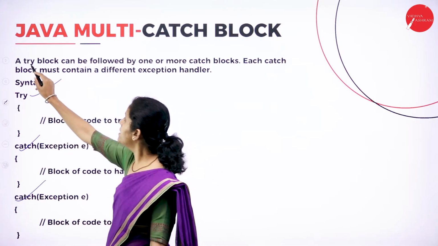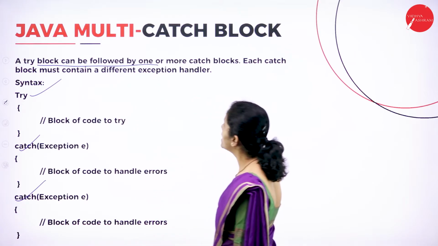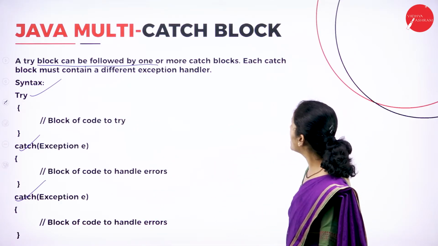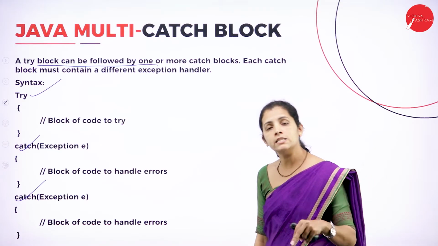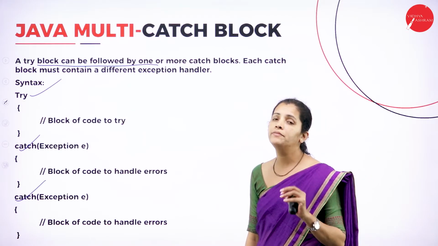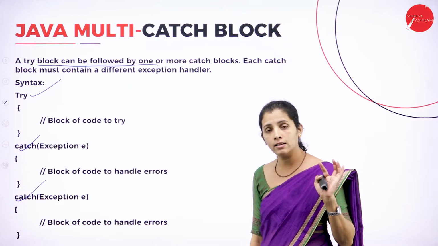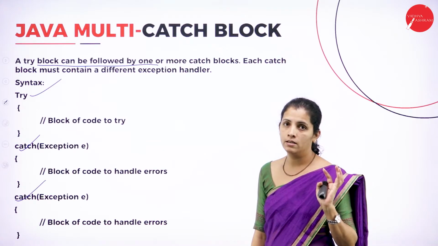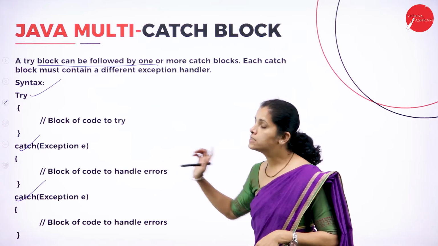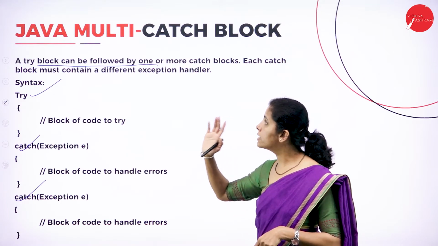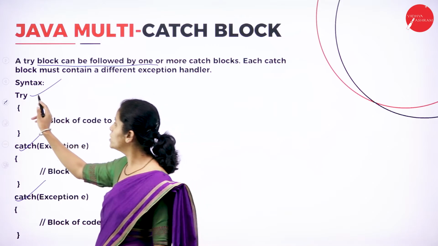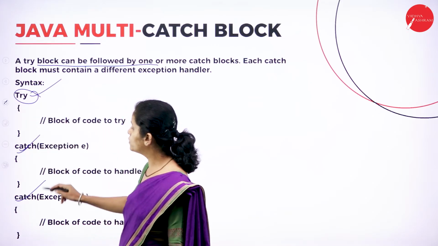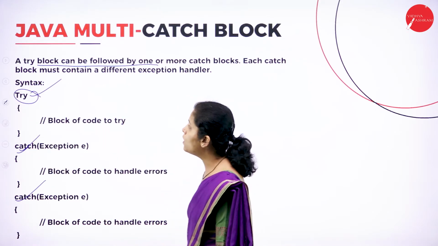So a try block can be followed by one or more catch blocks, and each catch block must be capable of handling different kinds of errors or exceptions. So this is the syntax for try and multiple catch block. I'm going to have only one try block and two catch blocks.